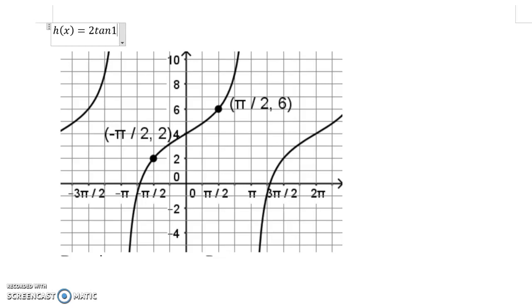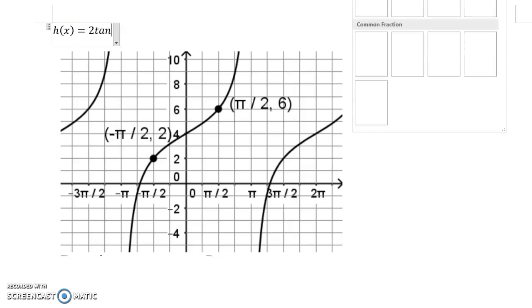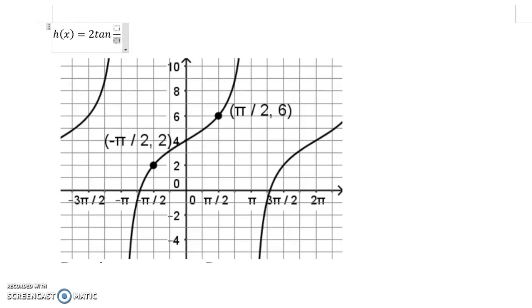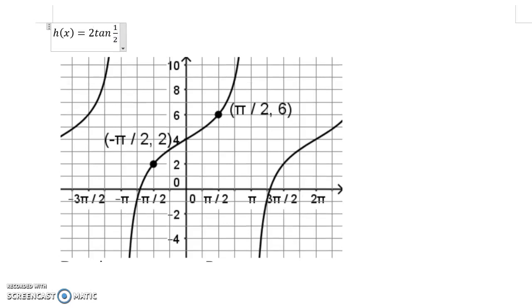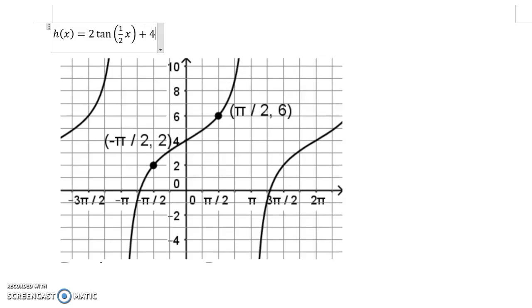So this is going to be 1/2 x. Let me put this in as a fractional form. Okay, 1/2 x. And again, we already established there is no phase shift because my center is still at x equals 0. But there is a vertical shift up 4. There you go. So there is my tangent graph.